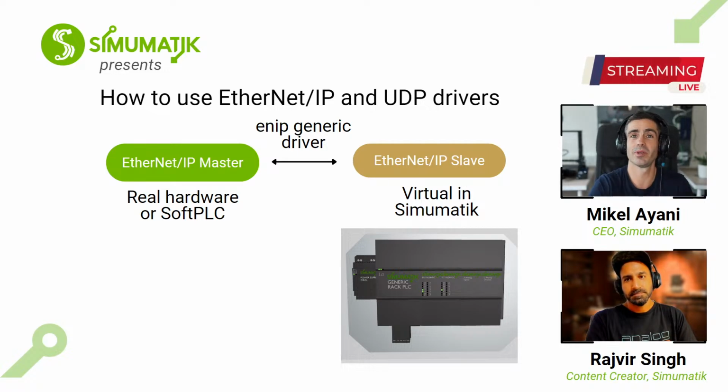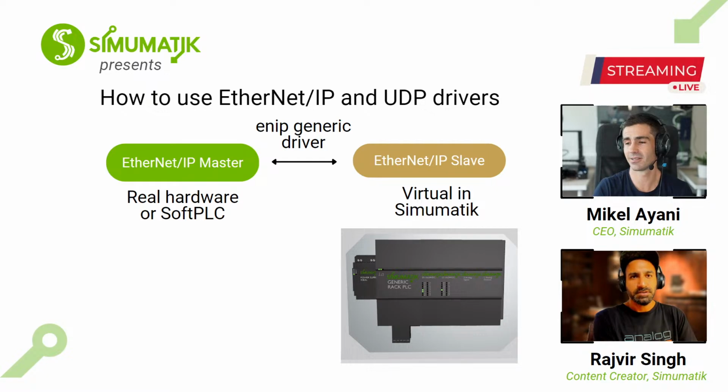When we are developing the Ethernet IP or generic Ethernet IP driver, this driver will be just waiting until the PLC actually asks to connect, and asks for the input data, and will send to the slave the output data. Okay, so that's the difference.